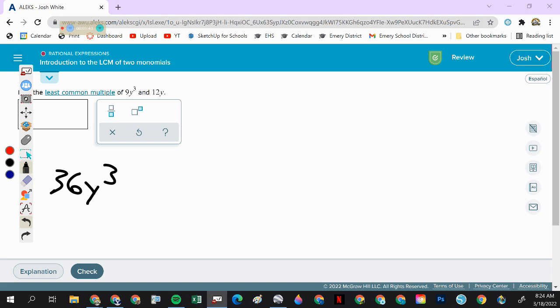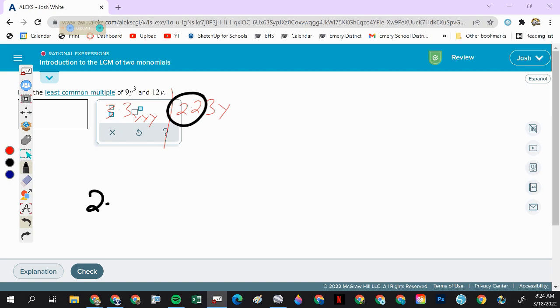Well, what we do is factor these down. 9 is 3 times 3, y. And 12 factors down to 2 times 2 times 3 times y. And then we go through and we circle the biggest set. So we look at the 2's. What is the biggest set of 2's? A pair of 2's.